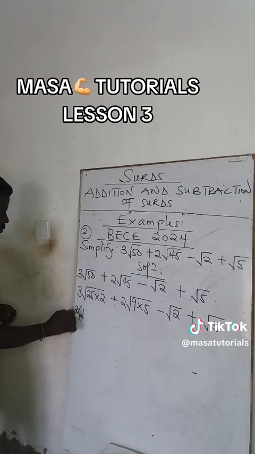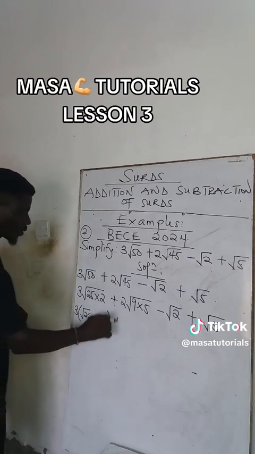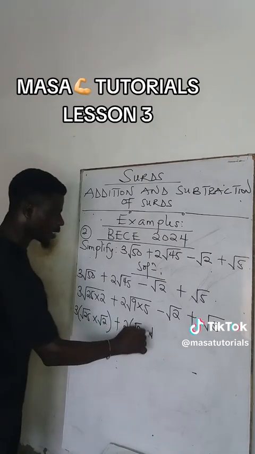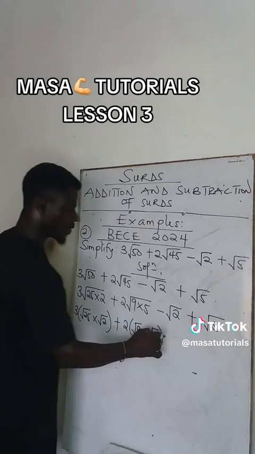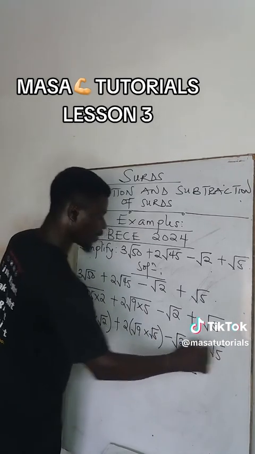Now let's split this one. 3 times square root of 25 times square root of 2 plus 2 times square root of 9 times square root of 5 minus square root of 2 plus square root of 5 here.